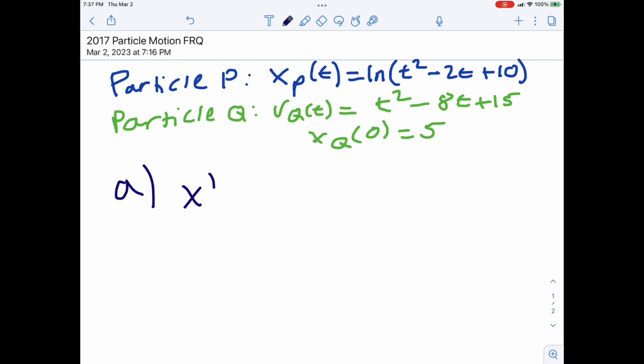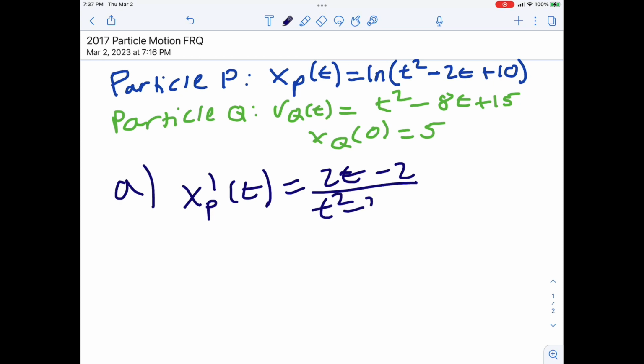So I'm going to say p'(t) = (2t − 2)/(t² − 2t + 10). We want to know when something is moving to the left, which means its velocity is negative. So we need a way to find where between t = 0 and t = 8 our velocity is negative.